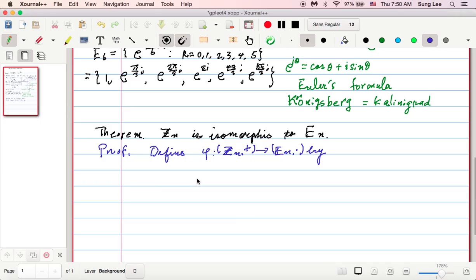And here phi of k equals e to the 2k pi over n i, where k equals 0, 1, 2, all the way to n minus 1.